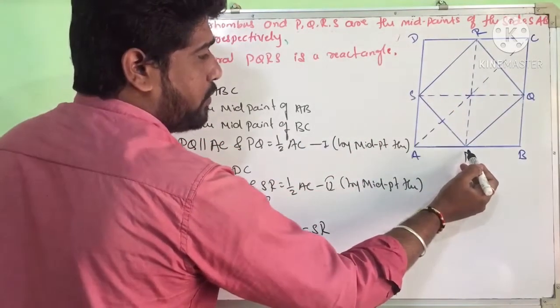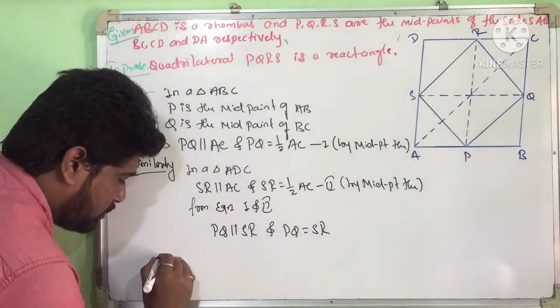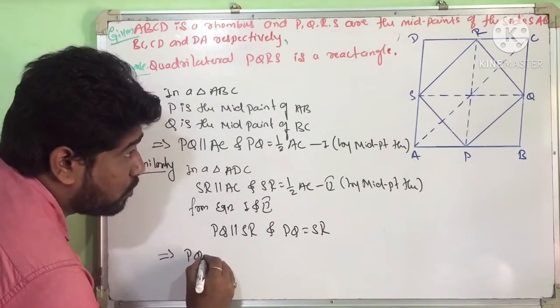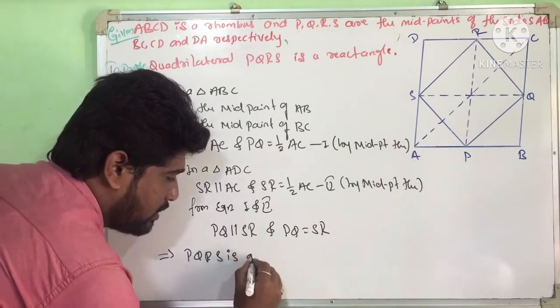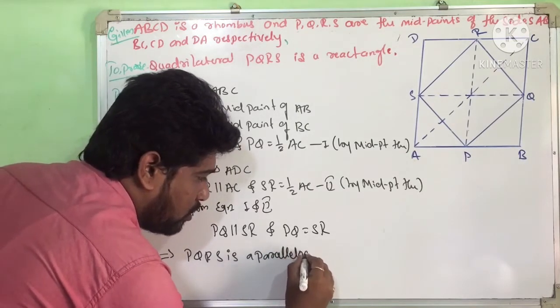So now it becomes PQRS is a parallelogram. So this implies PQRS is a parallelogram.